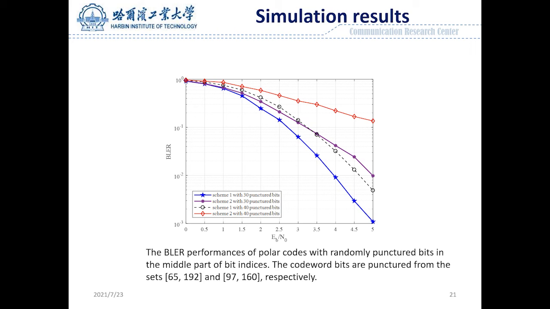Then we focus on the schemes with better performance than the others in previous results. For simplicity, the puncture sites are shown in these slices. We term these scheme 1 and scheme 2.